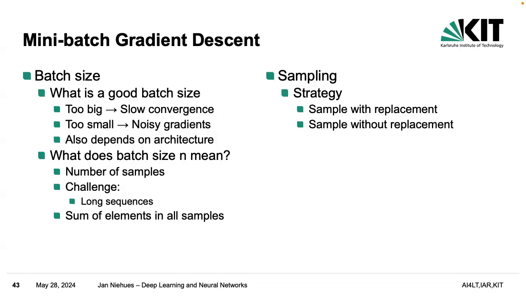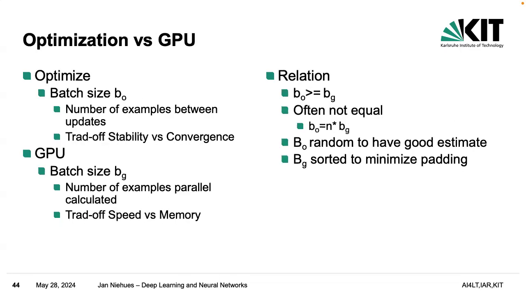What makes things even more challenging is that we're now talking about two types of batches which are correlated, but which need not be the same. You especially have to think about that since we're training things on a GPU. So there we typically have two types of batches, and they are correlated, but they don't need to be the same.